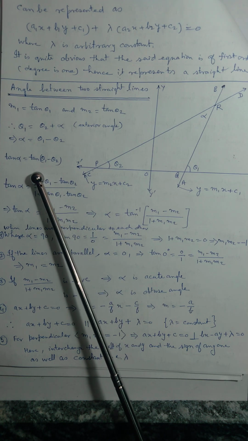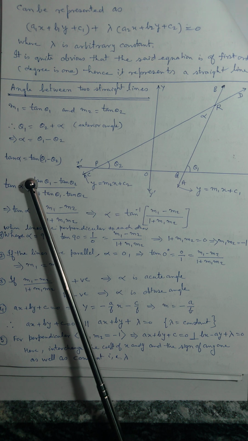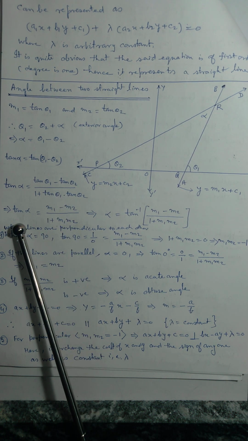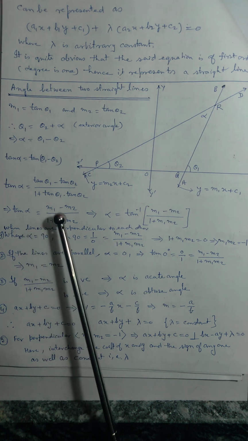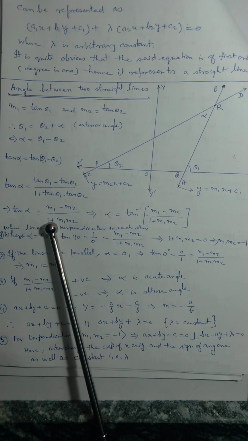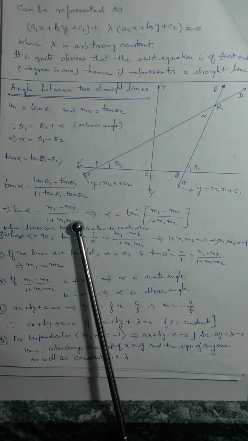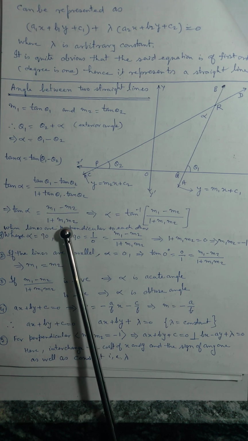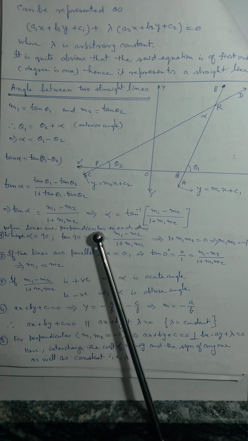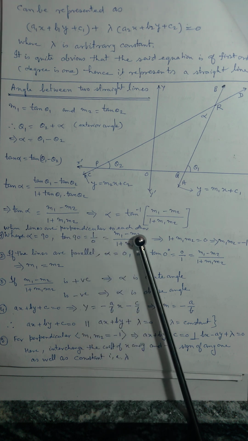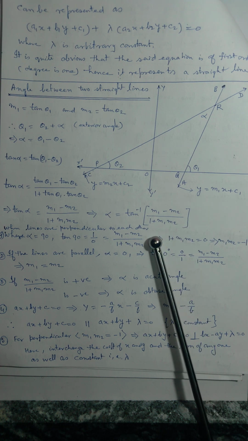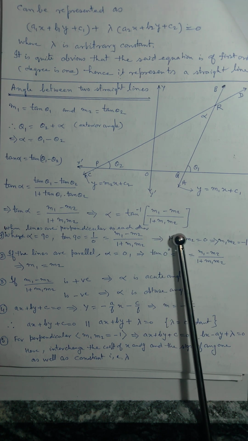The tan (A minus B) formula has been used here. For tan theta 1 I have placed m1, for tan theta 2 I have placed m2, and 1 plus m1 into m2. So alpha will be equal to tan inverse of (m1 minus m2) upon (1 plus m1 m2).